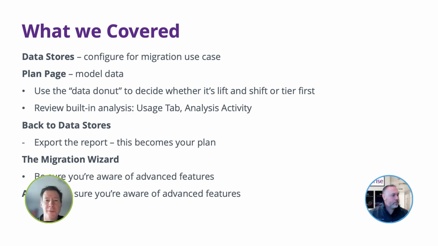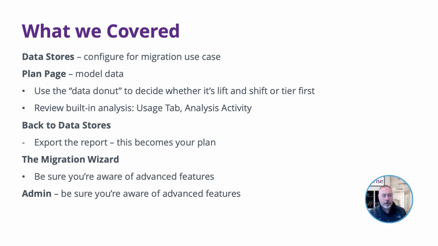Let me do one thing, just to tell them what we told them. This is the flow of your demo. Just walk us through again how you covered this, and it's interesting for folks to maybe do this themselves. Yeah. So again, you start with the data stores page, discover your shares, your clusters, all your file servers, your object storage. You walk through, discover that. You customize it a little bit. You turn around and flip over to the plan page to model out, am I doing a lift and shift?